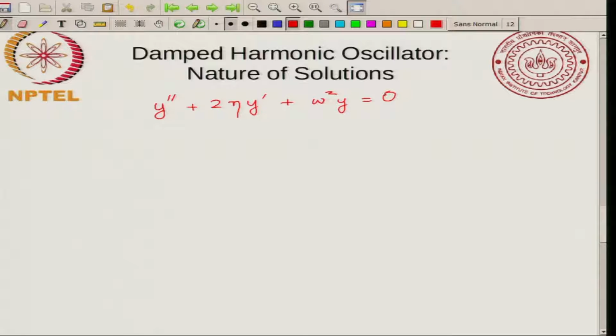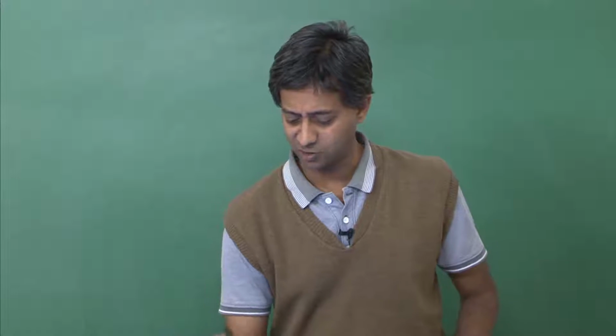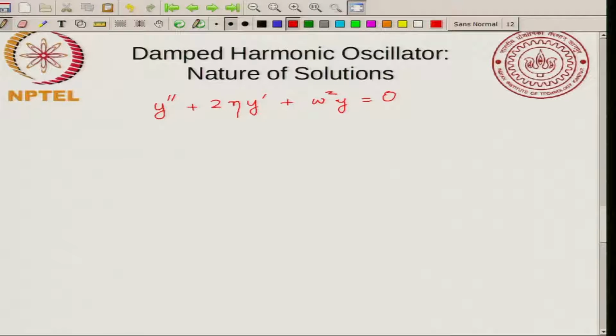If you did not have this middle term, it would just be a simple harmonic oscillator, y double prime plus omega square y equal to 0, but here there is a damping term. And I should mention that eta and omega square are both greater than 0.